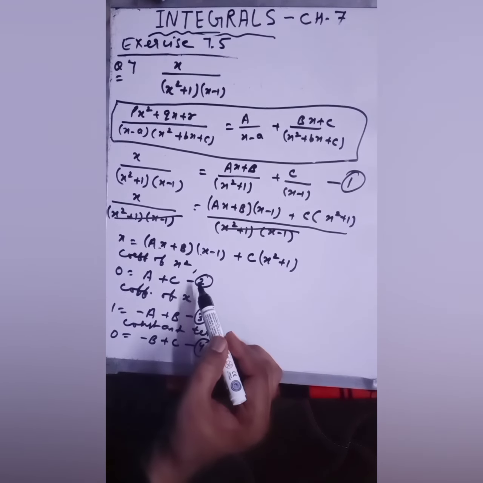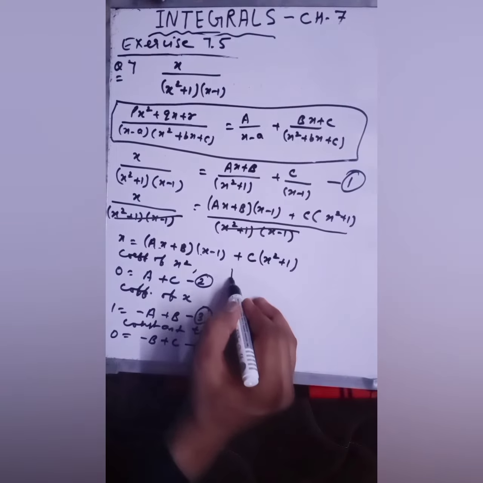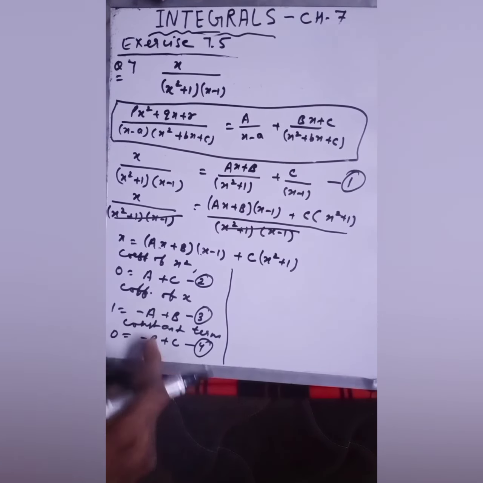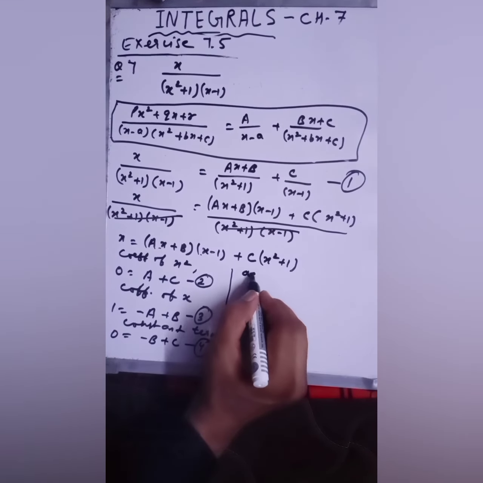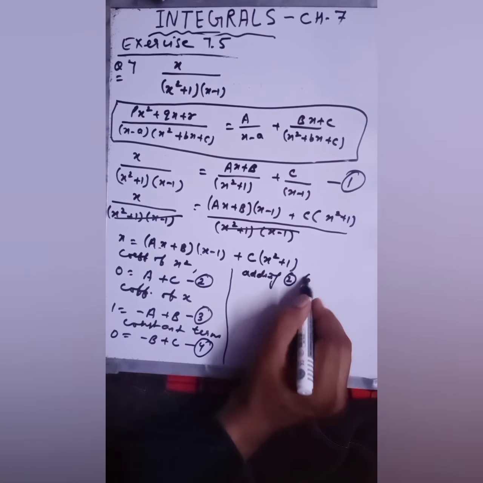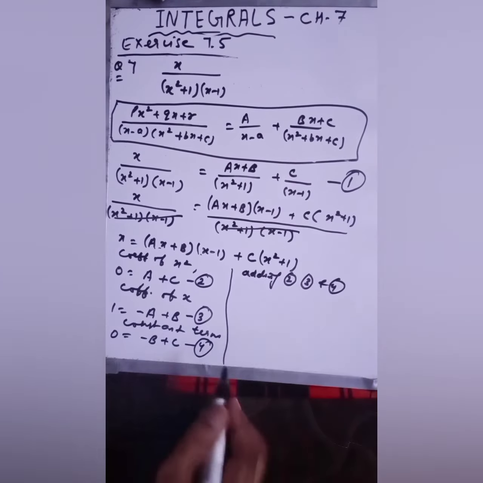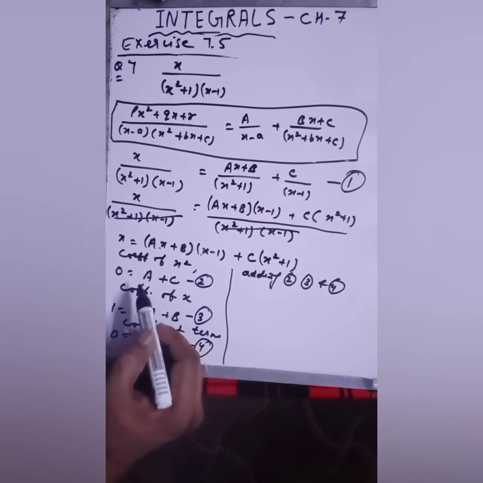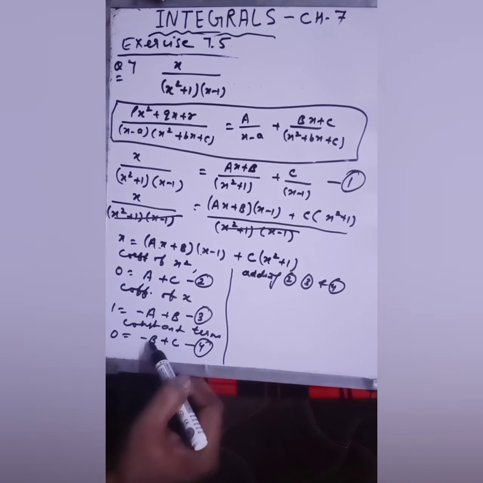After getting equations 2, 3 and 4, now you need to find out the values of A, B and C. So what I am doing, I am adding 2, 3 and 4. When you add, your A and A will cancel out, your B and B will cancel out.